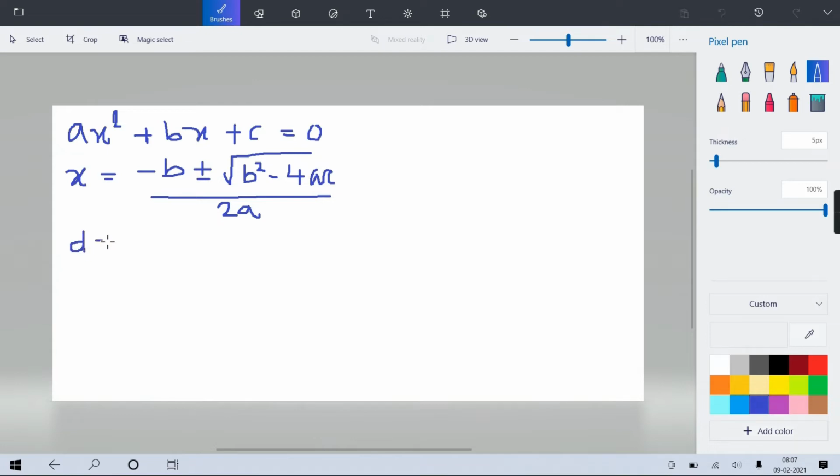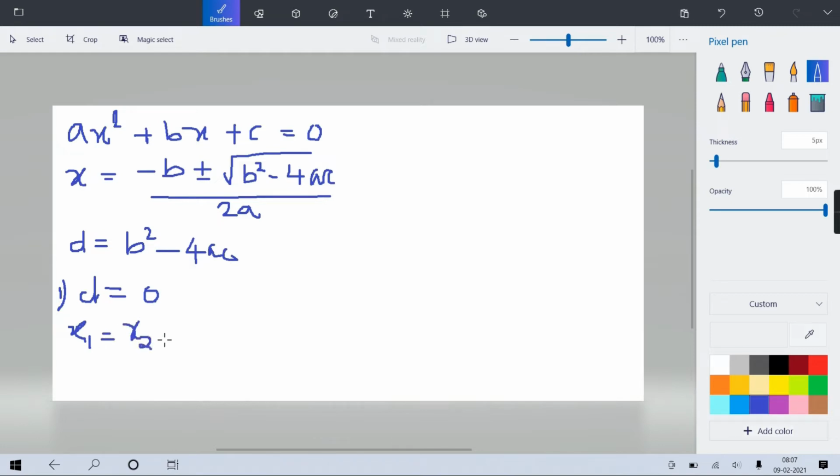Now we'll take d, and that d is b square minus 4ac. On d's value we are going to take the decision. So one condition is that d is 0. If d comes out to be 0, both the roots will be the same, meaning both solutions x1 and x2.